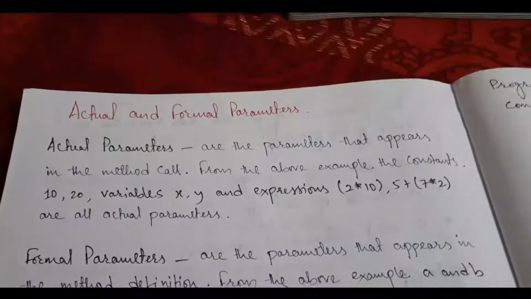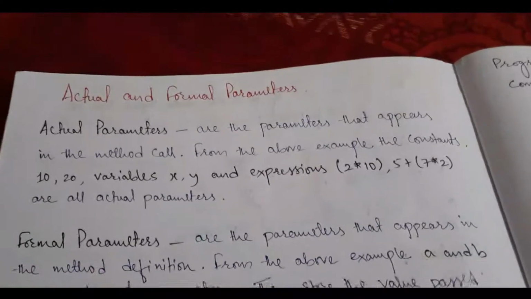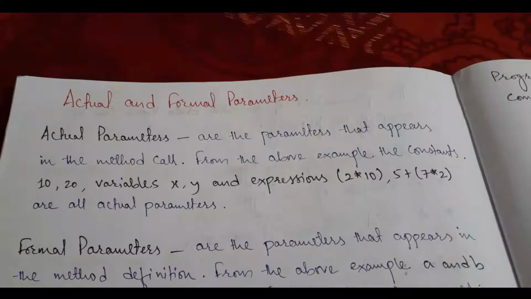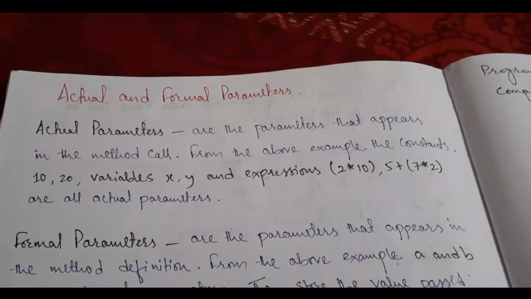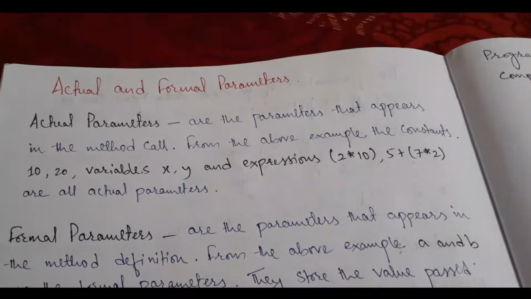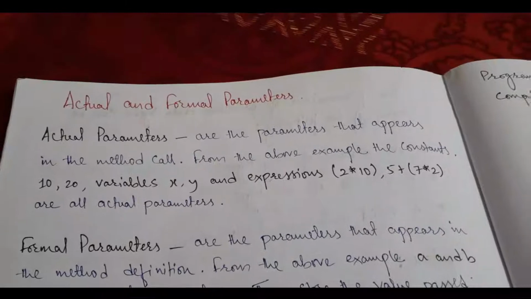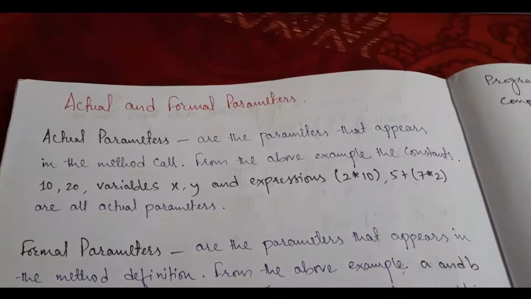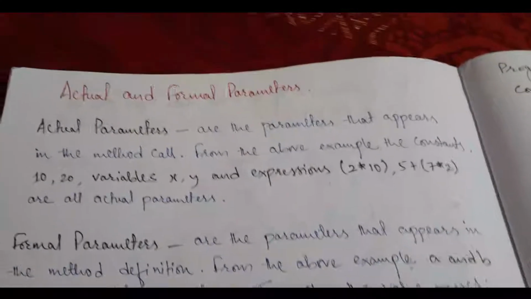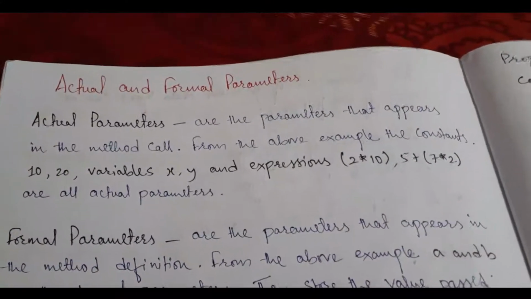My dear students, in Java programming we mostly deal with variables and different types of parameters, with the help of which we do different calculations or computations, and then the result is displayed as output on the screen.